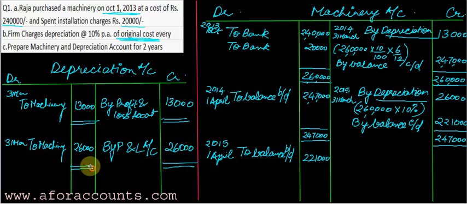Then when it is straight line, apply the depreciation on your cost. And second point, if only it is the last 6 months during which you have taken an asset into your books of account, just divide the rate of depreciation by 2, that is apply depreciation only for the last 6 months.